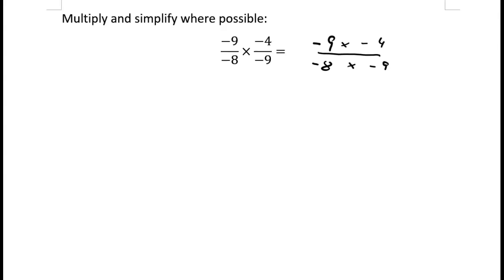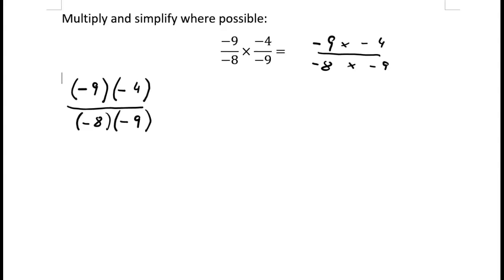So let's write that in a nice way with brackets so that we don't lose all these negative signs. So we would calculate -9 times -4 in the numerator, and in the denominator we have -8 times -9.